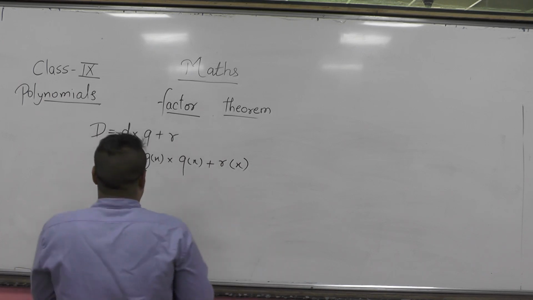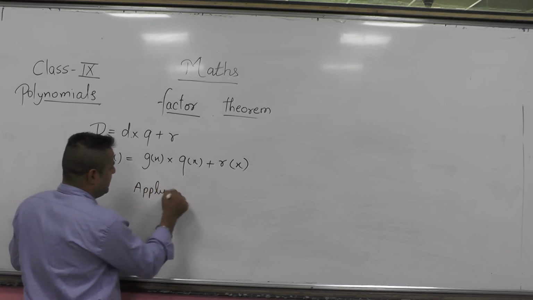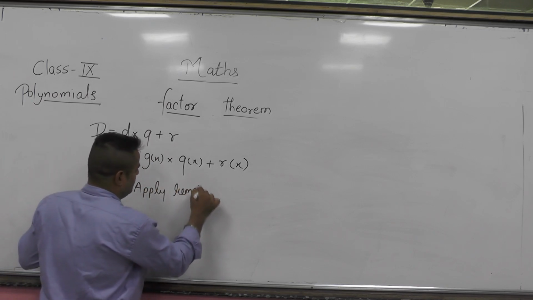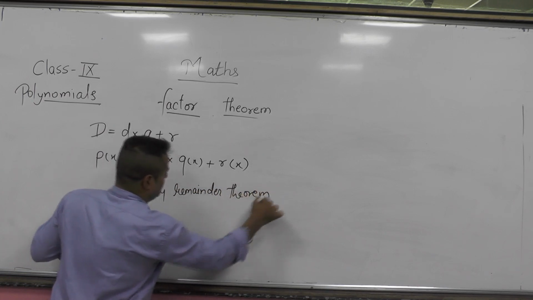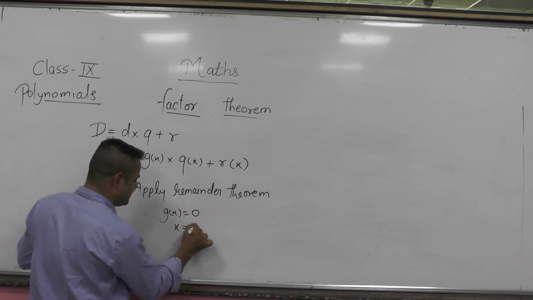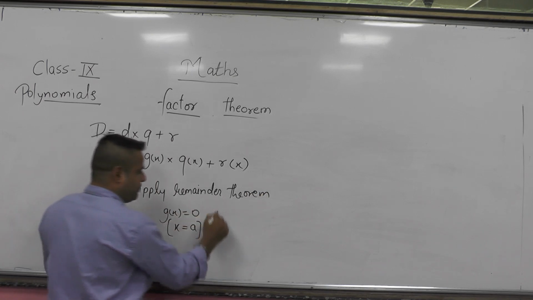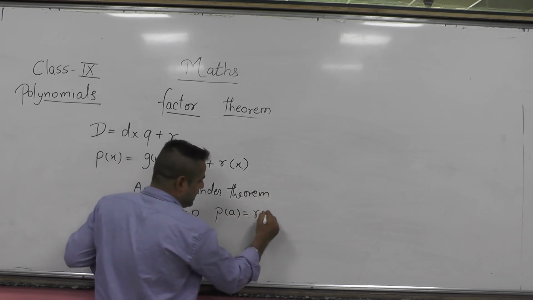Now, if we apply the remainder theorem here, what is the remainder theorem? Put g(x) equal to 0 and we get the value of x as a. And when we put p(a) in terms of x, we will get r(x).